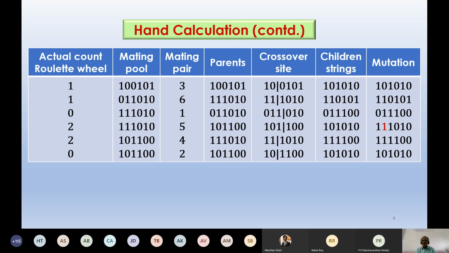If it generates a number less than or equal to 0.03, that will be a success. If it is a success, mutation will be taking place, and if there is a mutation, 1 will be converted to 0 and 0 will be converted to 1.